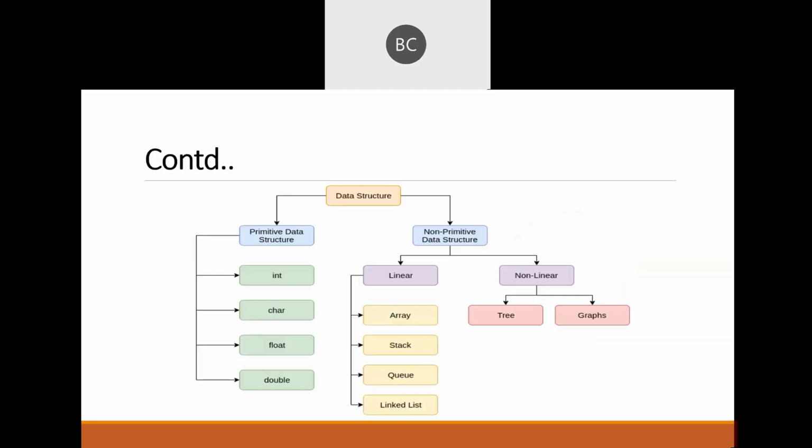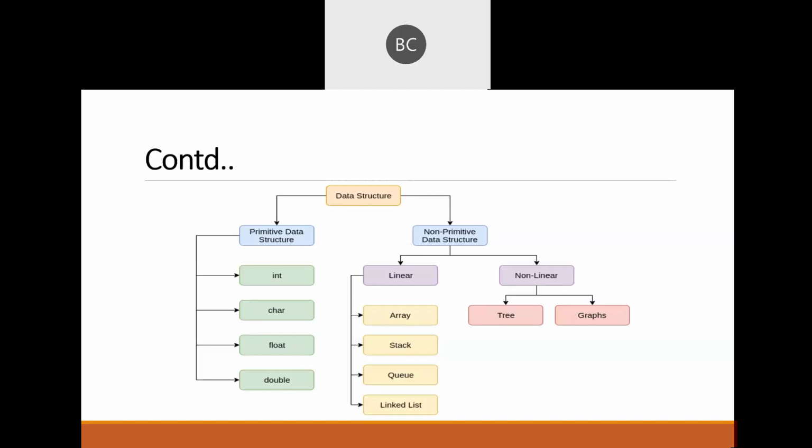Now we have different types of data structure. Mainly there are two types: one is primitive data structure and one is non-primitive data structure. Primitive data structures you already know about. Those are int, character, float, and double. All those basic data types are the primitive data types. Then comes your non-primitive data type.